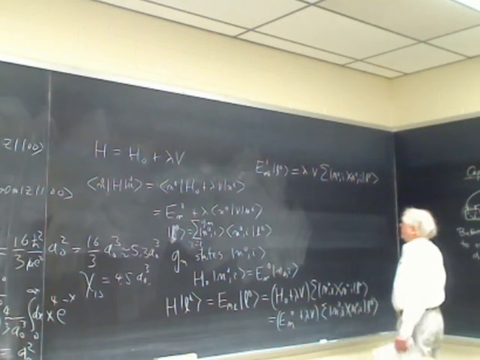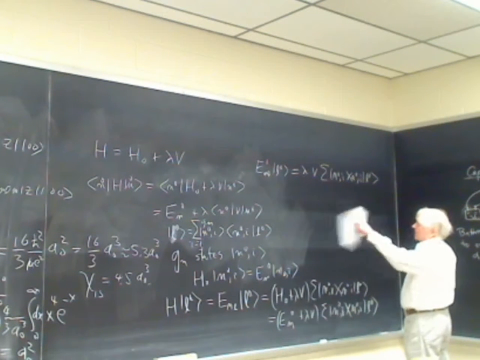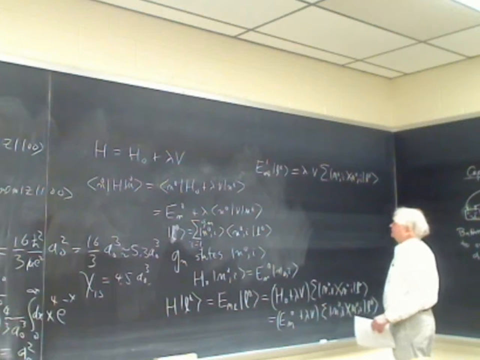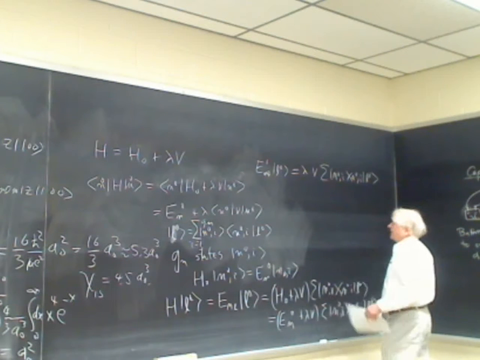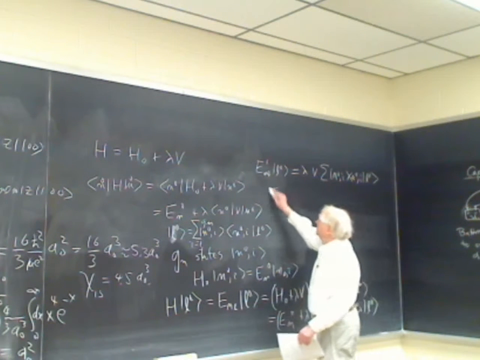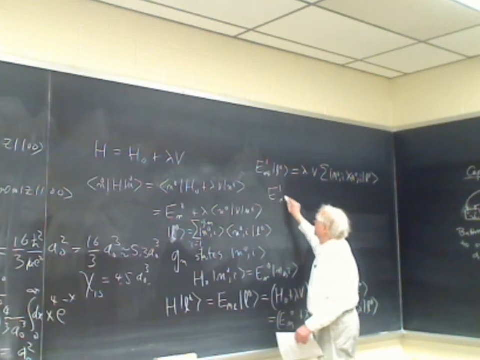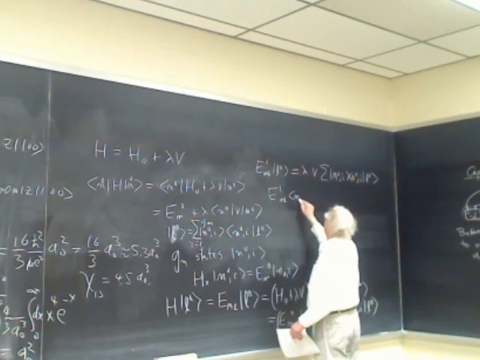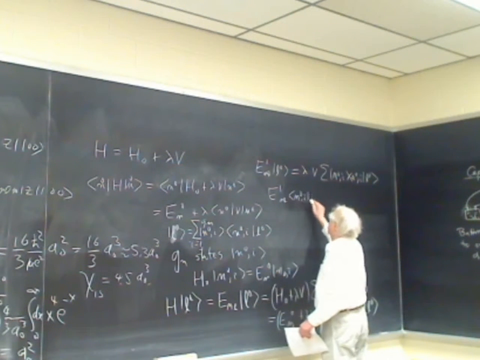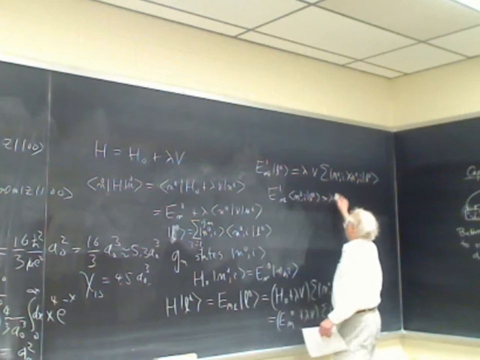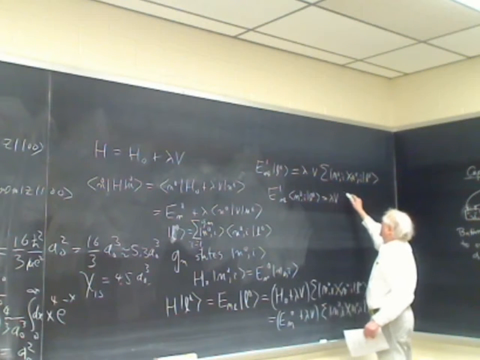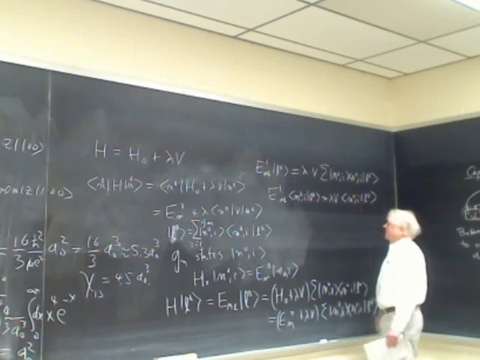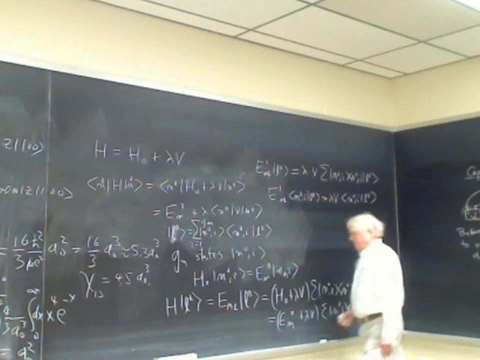Now taking the inner product from the left with respect to n0,i, what we get is E1_nl times the coefficient equals lambda times the matrix element of B. Whoops, well, that was a big mistake.